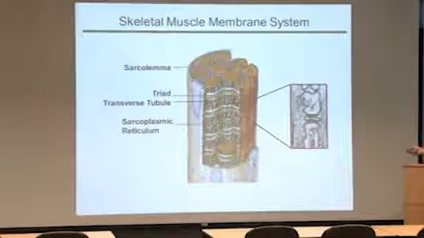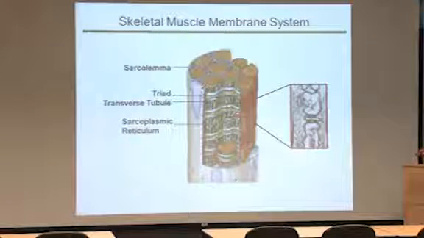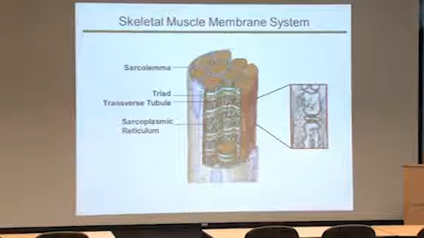Then this longitudinal network is the longitudinal SR. So it's this region of the triad, where you have the transverse tubule abutted on each side with junctional sarcoplasmic reticulum, where calcium release occurs. If you look at an EM, you can actually see the transverse tubule abutted on each side with sarcoplasmic reticulum. If you look closely, you see these electron-dense structures here. These are actually the ryanodine receptor calcium release channels.